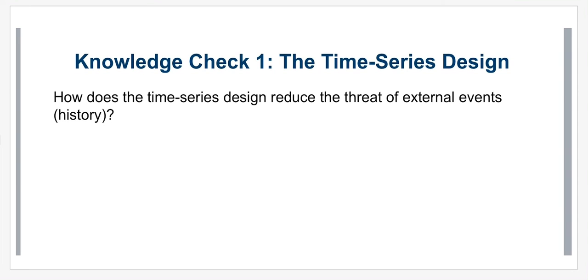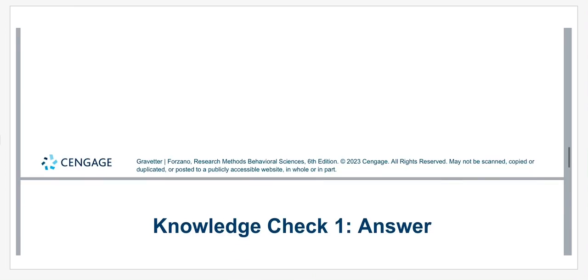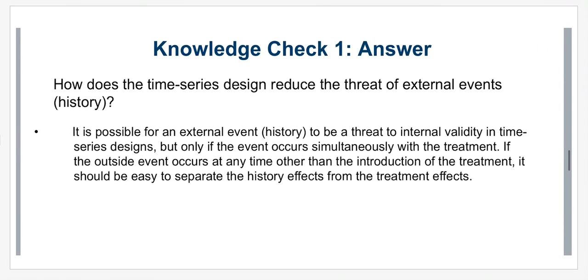How does the time series design reduce the threat of external events, those history effects? Hopefully you know that external events can be a threat to internal validity in time series designs, but like we just talked about in that example, it's only if the event occurs exactly simultaneously with the treatment.